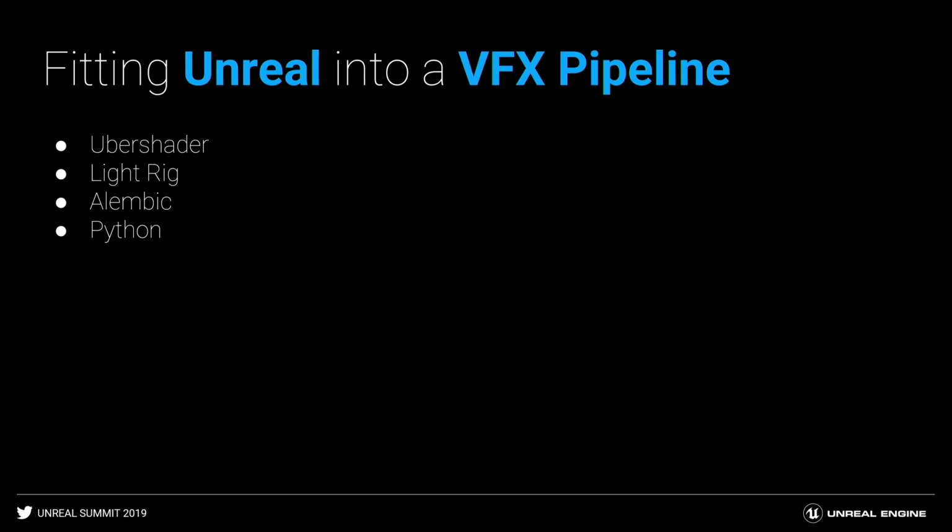This lets them lower the bar for entry for artists that are new to a game engine, but still maintain the quality control they need for high-end visual effects. Also, they were able to make use of the Python support in the engine so that they can extend their normal pipeline to support Unreal like any other application that they have.